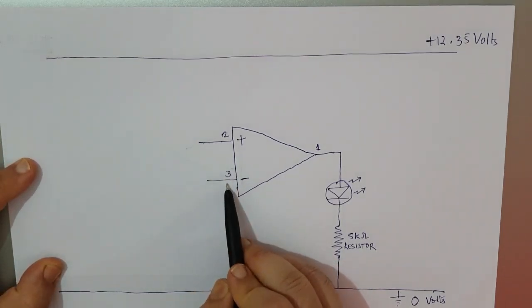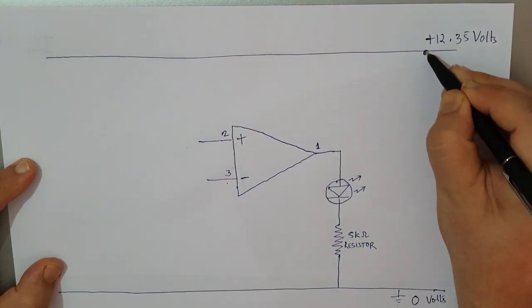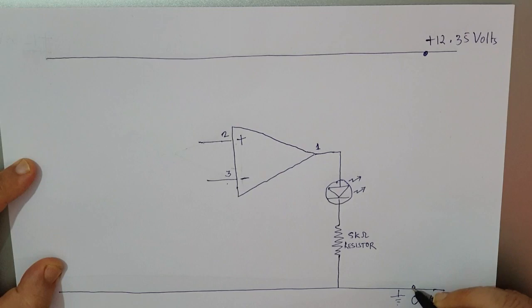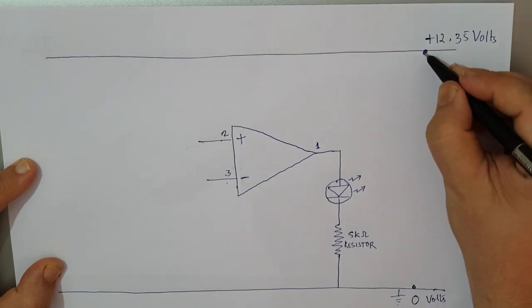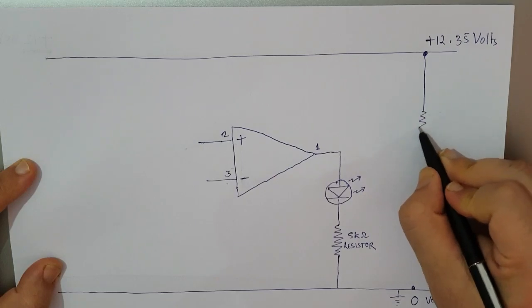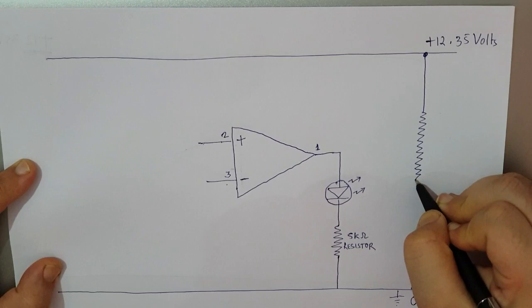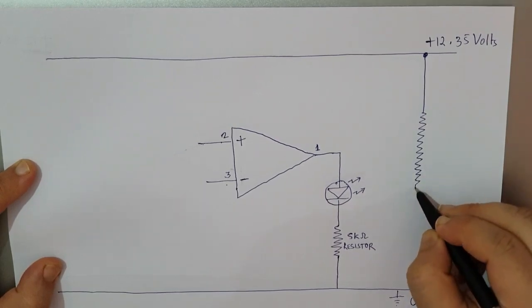Now let's move ahead. The terminals have been identified and I have placed the LED resistor. Now at the positive and negative rail I'll connect a potentiometer. The potentiometer is a variable resistor.